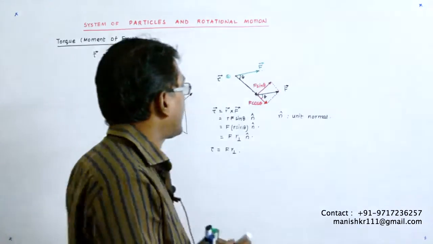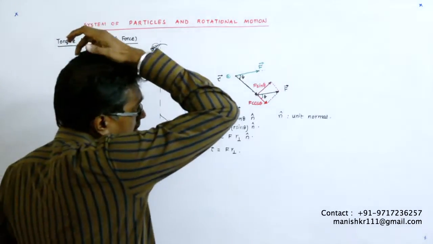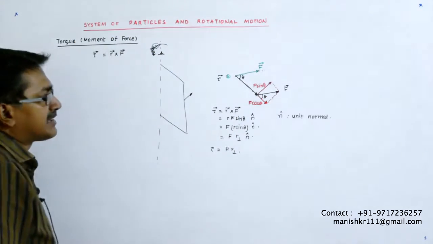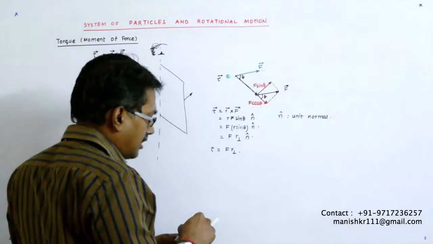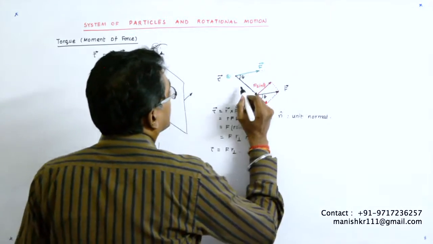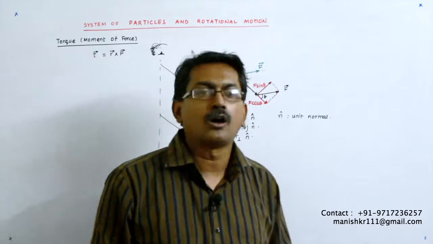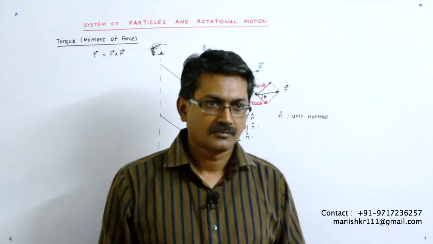Okay. So F cos theta and F sin theta. F cos theta is parallel to the R vector, so this will not be able to cause any rotation at all. Correct?